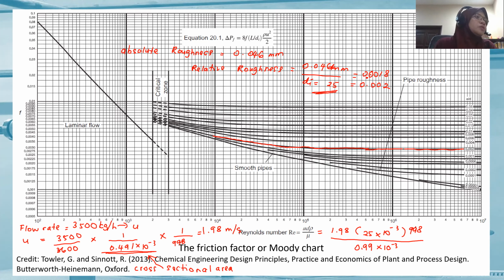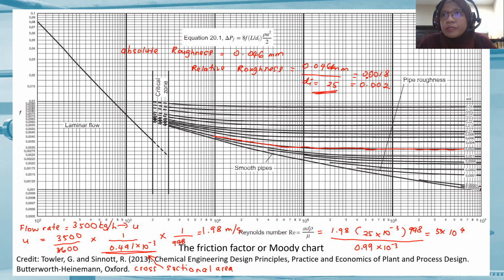From here, after rounding, I get 5 times 10 to the power of 4, so 50,000 something. This is my Reynolds number, about 50,000. Where is my pen? The pointer is too small.